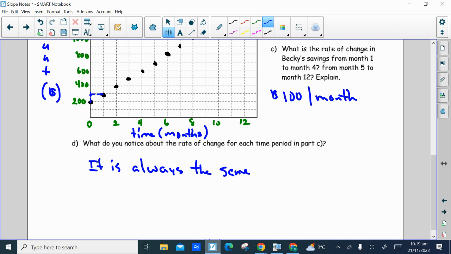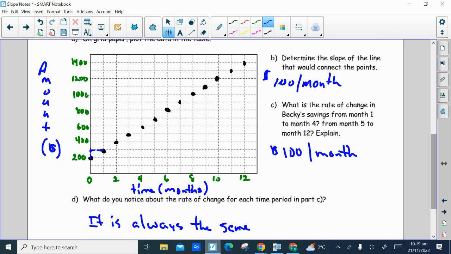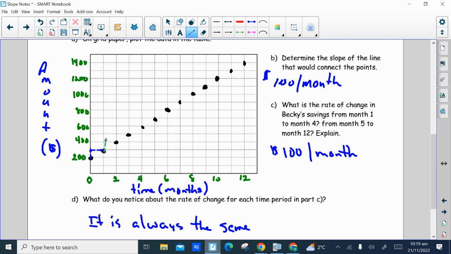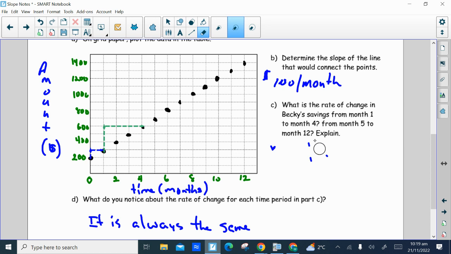And just to explain that again, if you go from month 1 up to month 4, using a different set of lines here in a different color, let's write this in here.